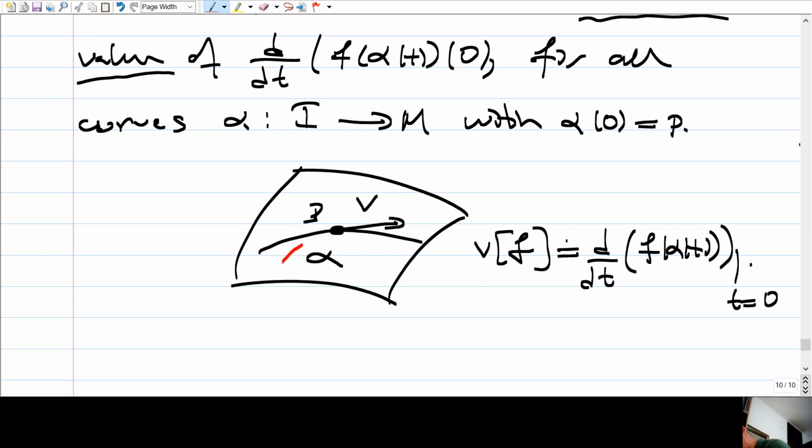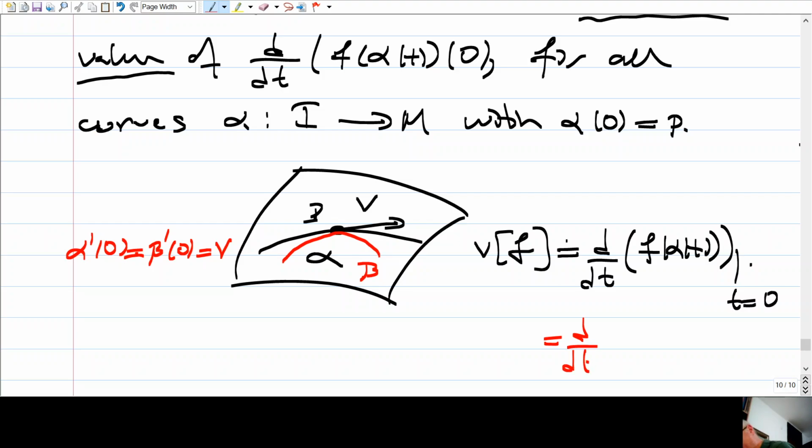Let's say another curve like this, beta, and it may have the same tangent vector. So alpha prime t0 could be equal to beta prime 0, and they are both v. And what we claim is that these two things are the same.